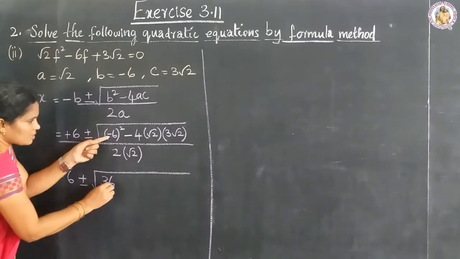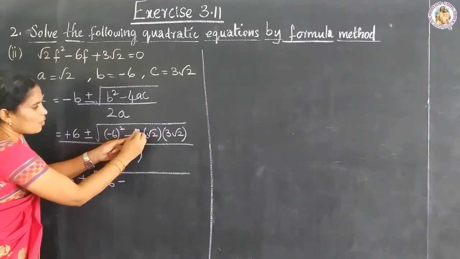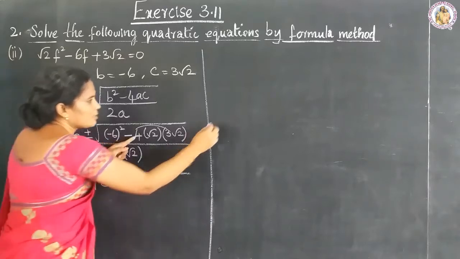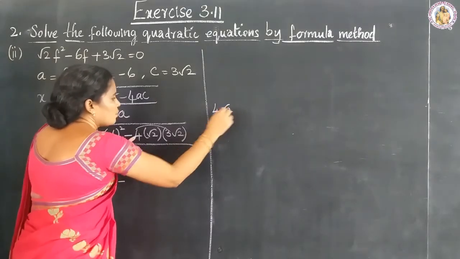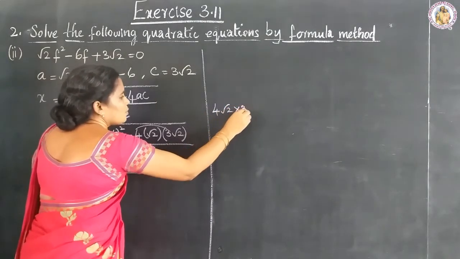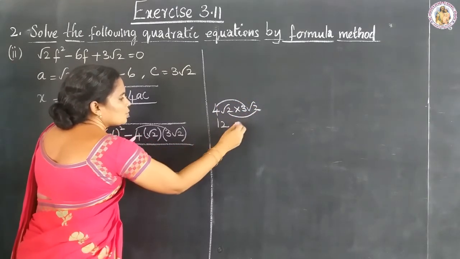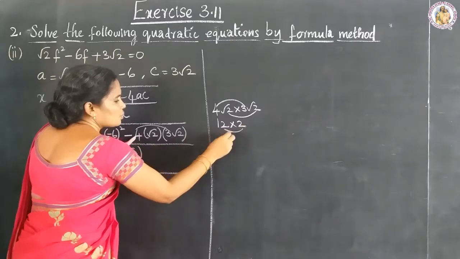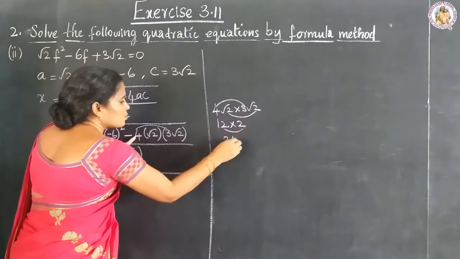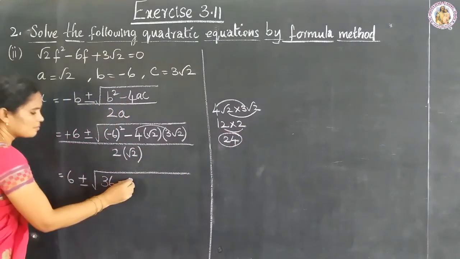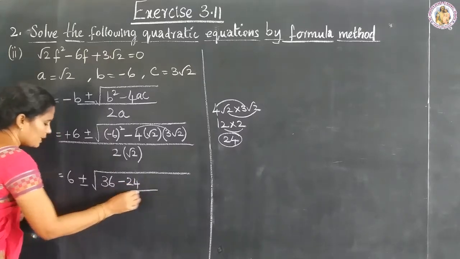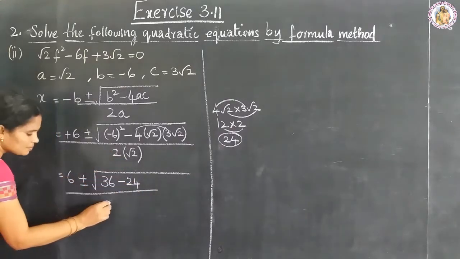So 36 minus 4 into 3, 12. Or you can do here 4 root 2 into 3 root 2. So 4 3s are 12, root 2 root 2, 2, so 2 2s are 4, 12 2s are 24. So it is 36 minus 24 by 2 root 2.